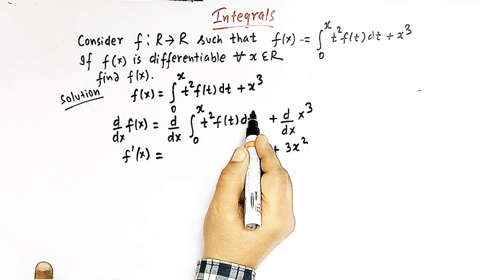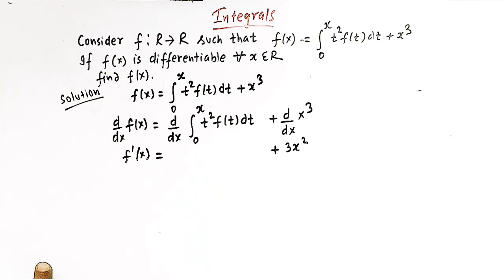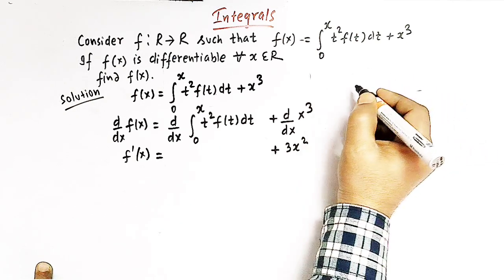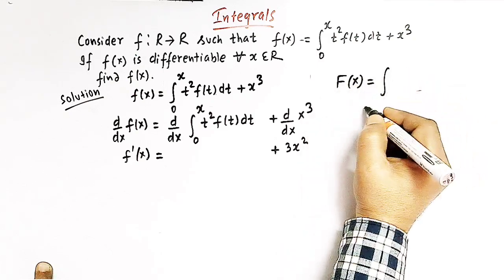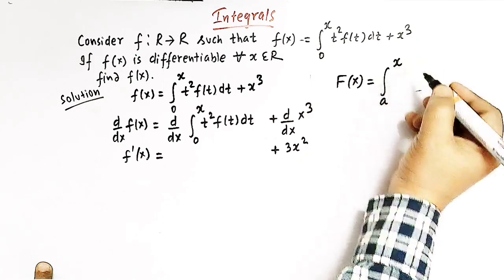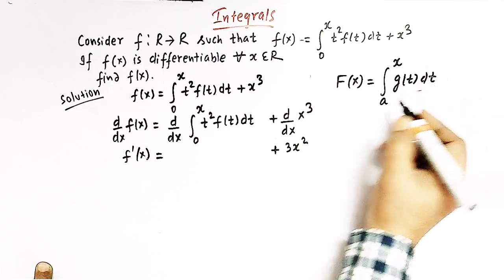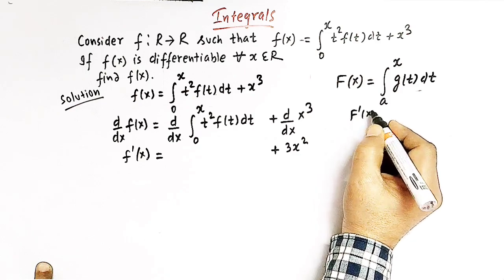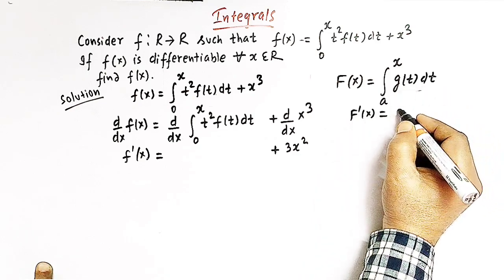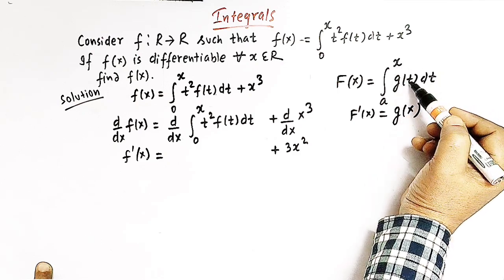Now to differentiate this integral with respect to x, we will make use of the Leibniz integral rule. If we have a function F(x) equal to the integral from a to x of g(t) dt, then the derivative F prime of x is simply g(x). That is, we replace t by x.